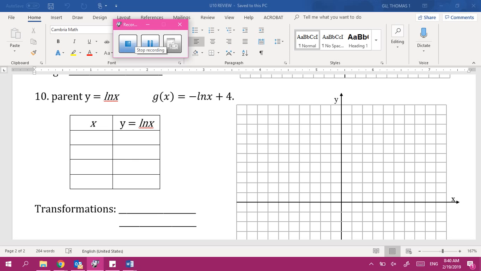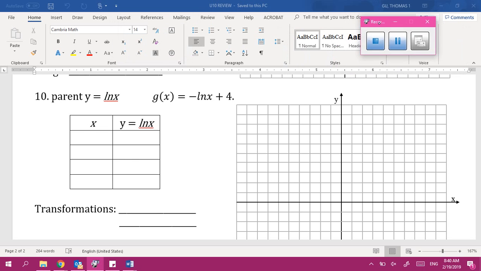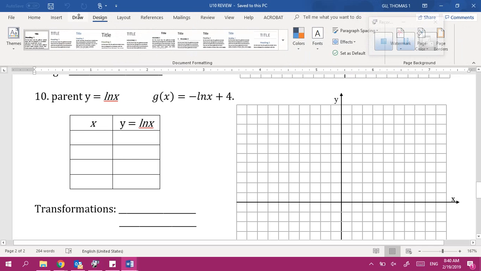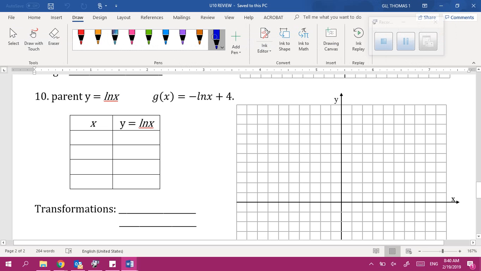All right, here we go. Number 10. So same thing. We're graphing the parent function first. The parent function is y equals ln of x. Remember, ln of x is the inverse of e to the x, which means if e to the x was negative 1, 0, 1, 0.37, 1, 2.72, my x values and y values should be switched around.